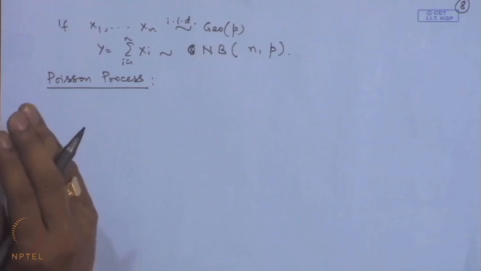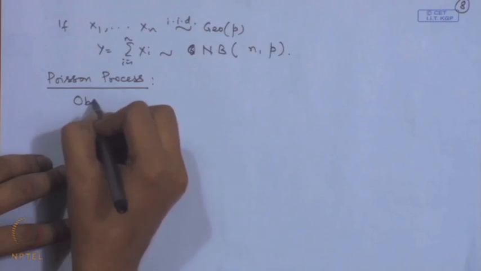Many of these events satisfy certain assumptions. These assumptions are called assumptions of a Poisson process. So, first thing that we notice here, that we are observing events over a period of time, over area, over space. Okay.